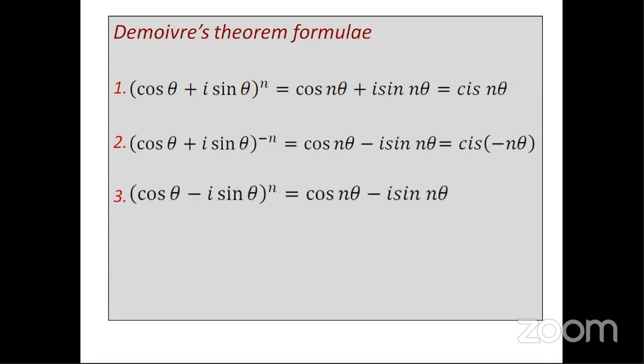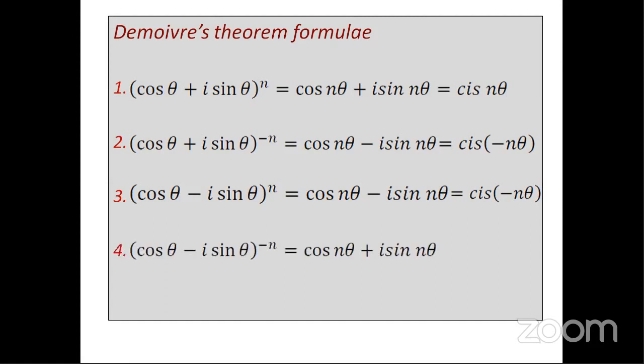Then (cos θ minus i sin θ) whole power n can be taken as cos nθ minus i sin nθ, and this is also equal to cis minus nθ. (cos θ minus i sin θ) whole power minus n is equal to cos nθ plus i sin nθ, which is equal to cis nθ.